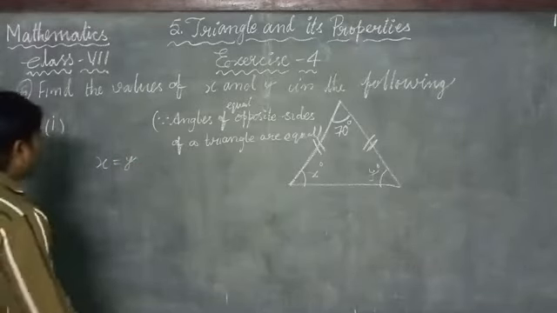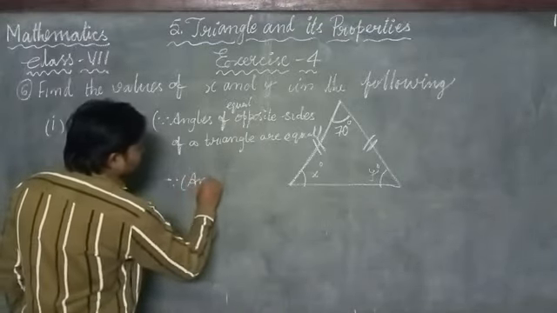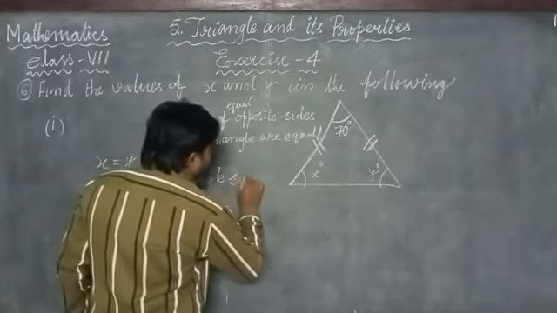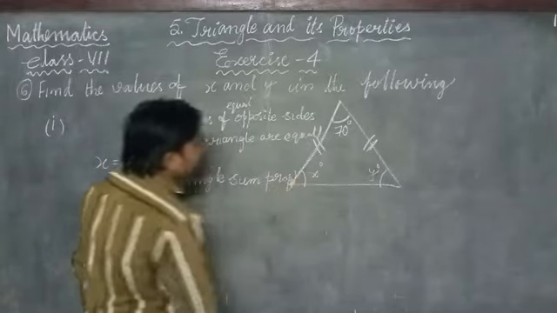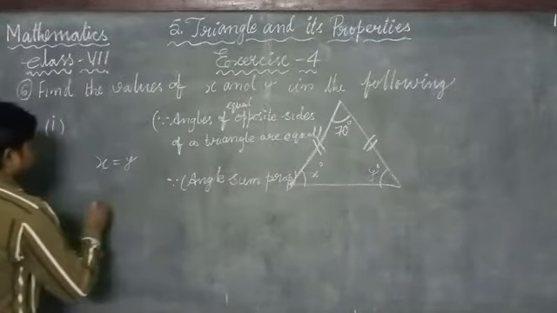Now from the angle sum property, we can write that the sum of all angles in the triangle equals 180 degrees.